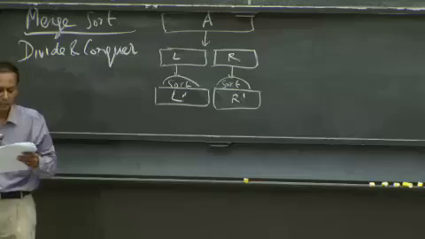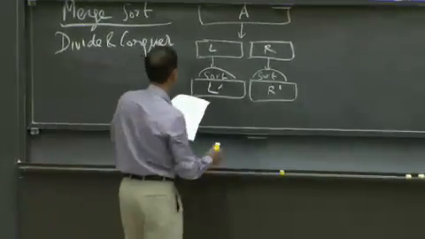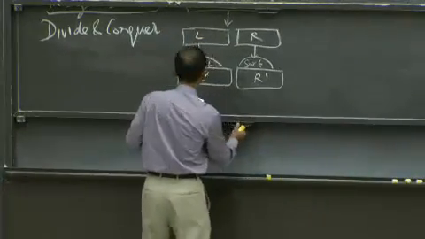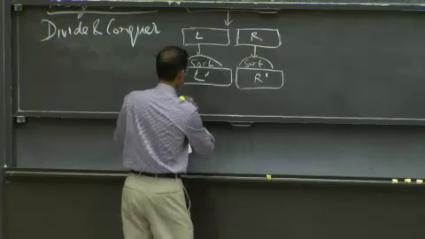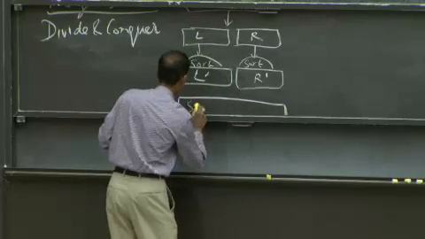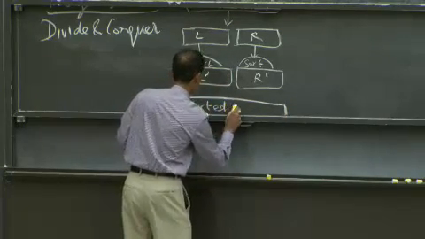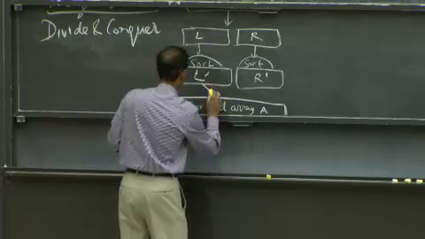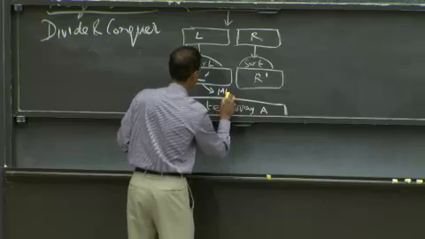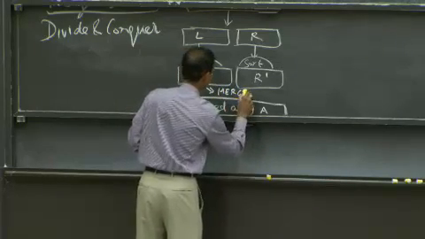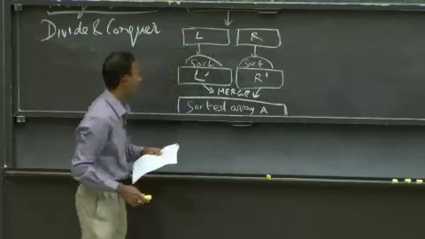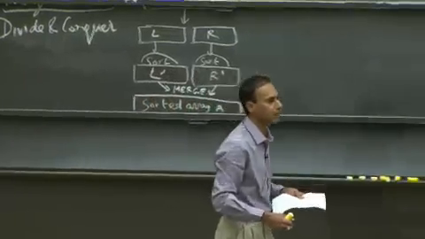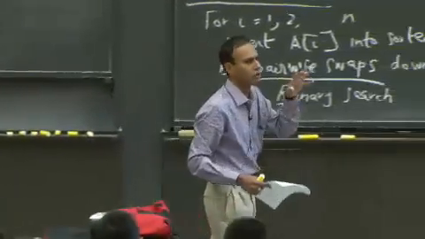So L and R turn into L prime and R prime. What we end up getting is a sorted array A, and we have what's called a merge routine that takes L prime and R prime and merges them into the sorted array.